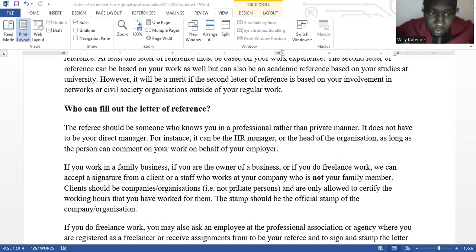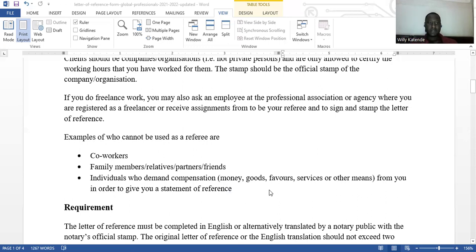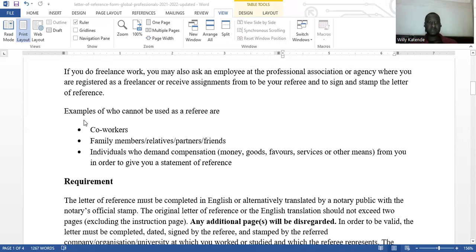And then they go on to talk about what to do if you work in a family business, if you're the owner of the business, or if you're a freelancer. So that information is available here. And then they give you examples of referees that you cannot use: co-workers, family members, relatives, partners, friends, individuals who demand compensation, etc. So you need to read this instruction thoroughly well.